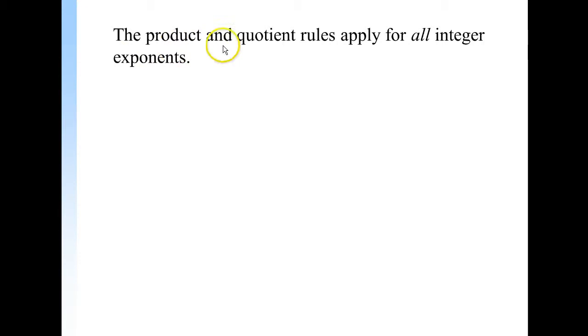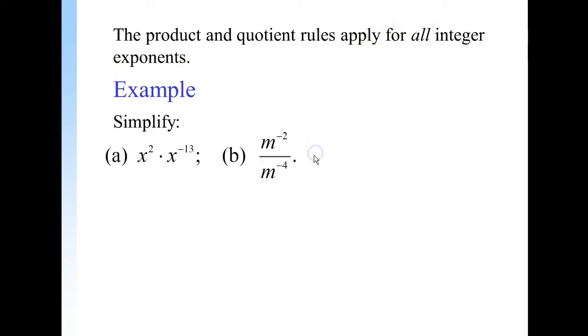Okay, the product and quotient rules apply for all integer exponents. Simplify this. Well, here, they're not saying they want it in positive exponents, but just in case, we'll do it both ways. You'll have to see what they're asking for in the practice and in MATLAB. So this is going to be x to the negative 11th by adding a 2 and a negative 13.